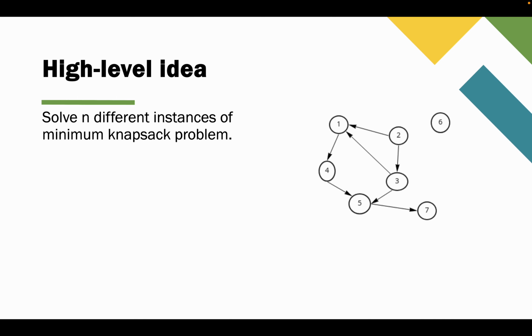The high level idea is that for each node we construct a minimum knapsack problem and solve it. The number of items will be equal to the degree, and since the degree is bounded, we can essentially do some brute force and solve for each node, and we end up getting a polynomial-time result.